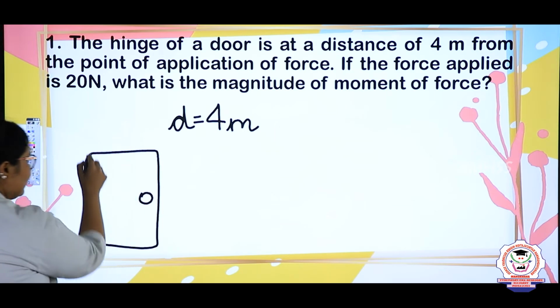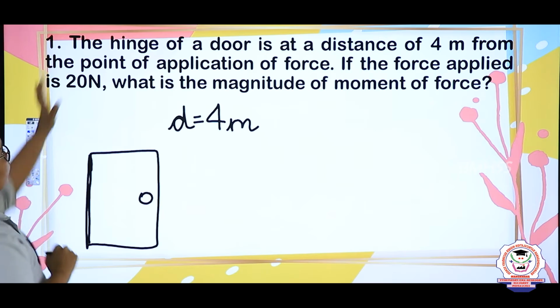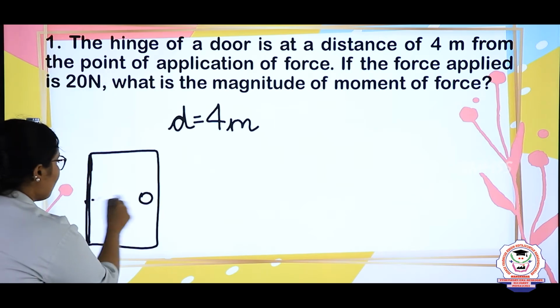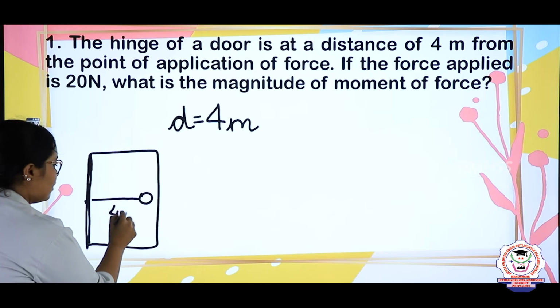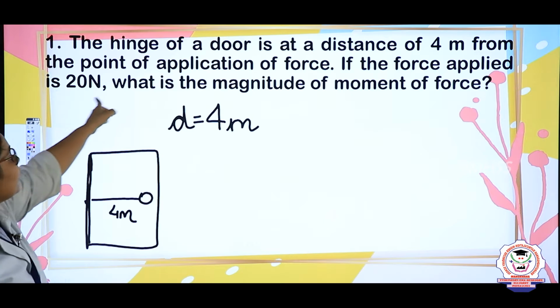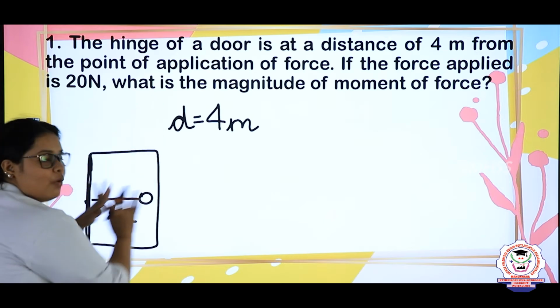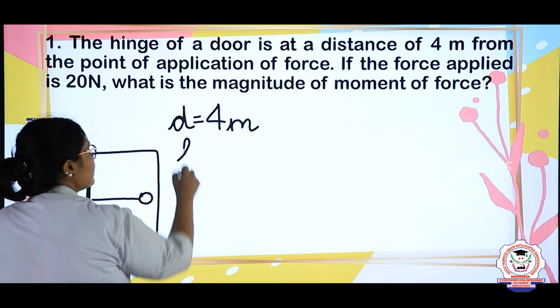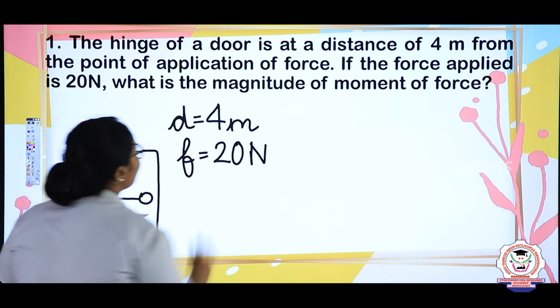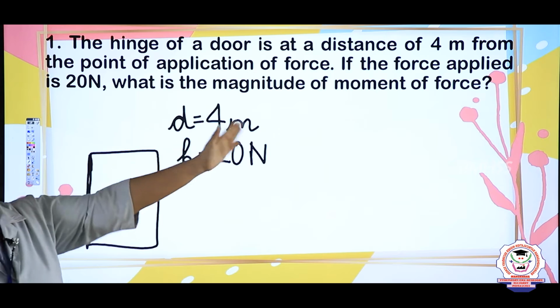Suppose this is the knob and this is the fixed position. So he is saying that from this distance there is 4 meter, okay. Then after that, if the force applied is 20 Newton, how much force am I putting? If the force is equal to 20 Newton, you need to find the moment of force.